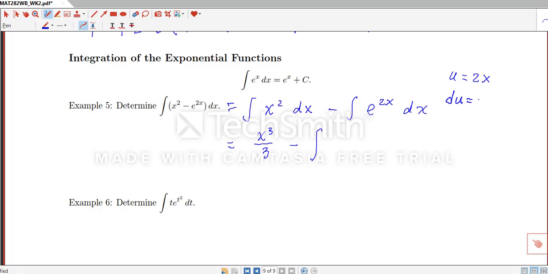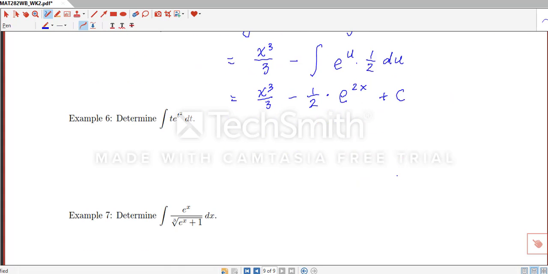Then du equals 2 dx. That means dx is 1/2 du. So we have e to the u power times 1/2 du. We can factor out the 1/2, so we get x cubed divided by 3 minus 1/2 times the antiderivative of e to the u, which is just itself, and u is 2x, plus the constant c. So that is our answer for example number 5.